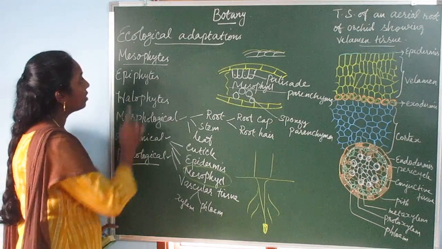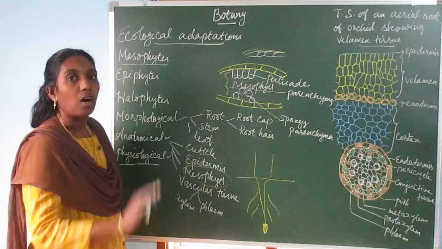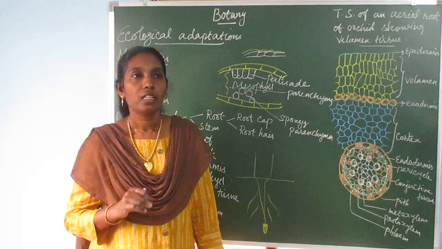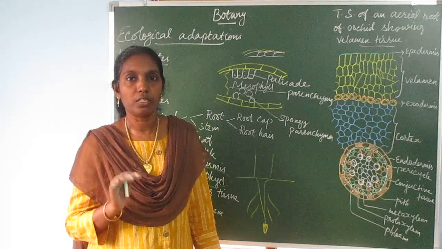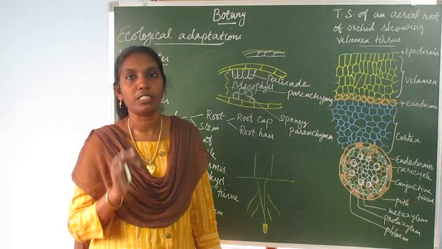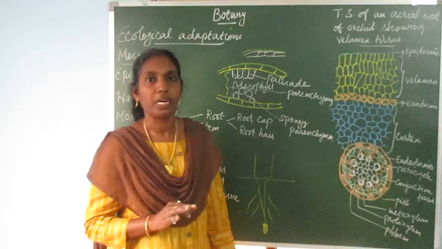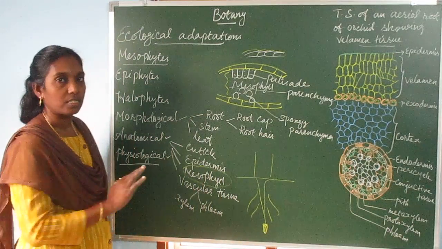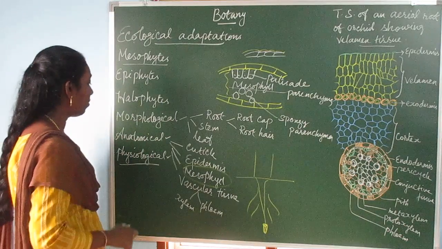First point, in mesophytes, all the physiological functions are normal. What are physiological functions? There are a number of physiological functions including respiration, transpiration, and photosynthesis in green plants. So all these normal physiological functions occur in mesophytes.